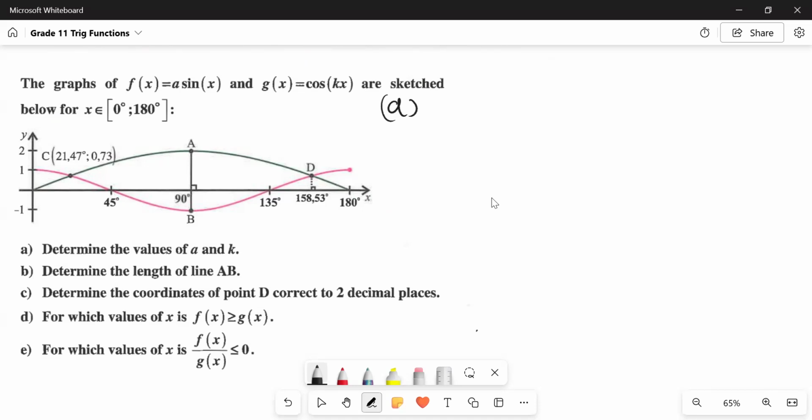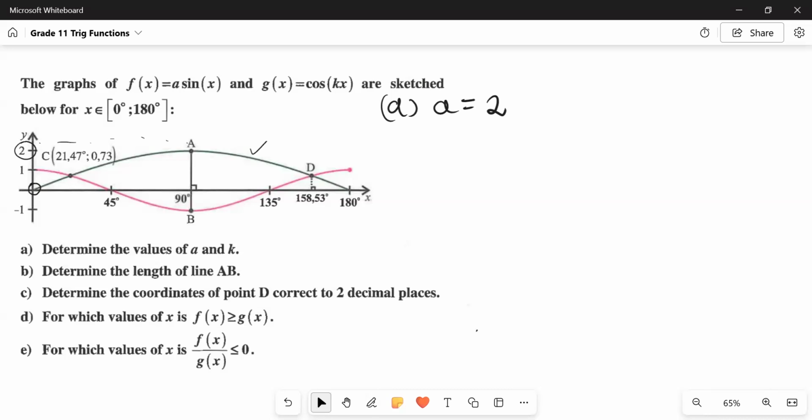But when I check this graph of sine, the green one, it starts at 0, but the amplitude there is 2. So now we can say a is equal to 2.